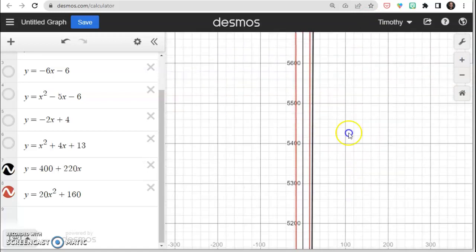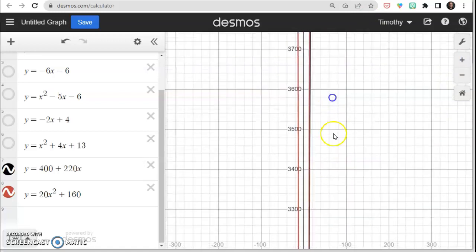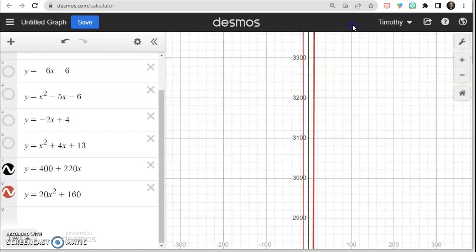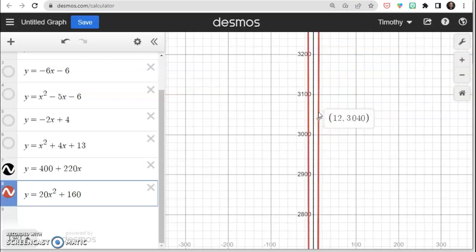Let's see if we can, it looks like we see that on that right side there. See, they're touching here somewhere. There it is, right there. That's where the two graphs are touching.